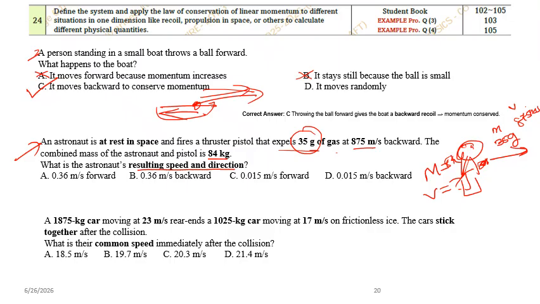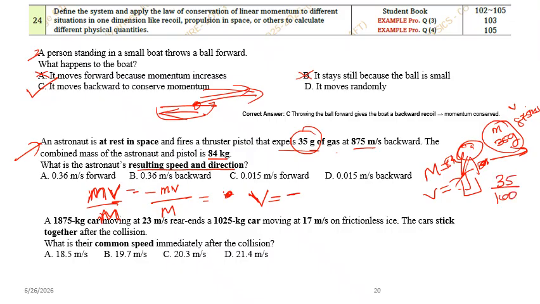So which is the equation? We know the recoil velocity equation: capital M into capital V is equal to minus small m into small v. What we need to calculate is capital V, so you take capital M down and divide. Finally, capital V, the velocity of the astronaut, will be equal to negative, the mass of the gas expelled into its velocity, divided by capital M. The mass is given in grams, so first of all you need to convert it into kilograms by dividing by 1000, which gives 0.035.